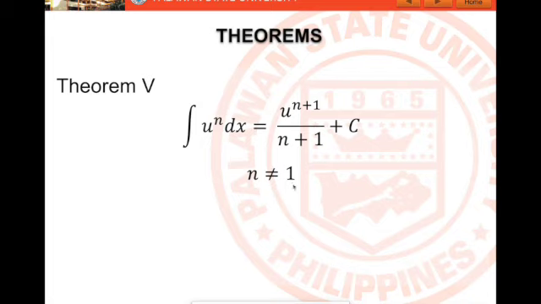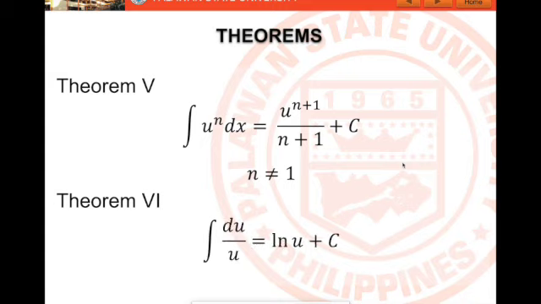Okay. If negative 1 po siya, I'm glad you asked. So the next theorem would be concerning that. If we have this u raised to the power of negative 1, that would just be the same as saying 1 over u. Tama ba? So that's 1 over u multiplied by, again, this is not dx, this is du.